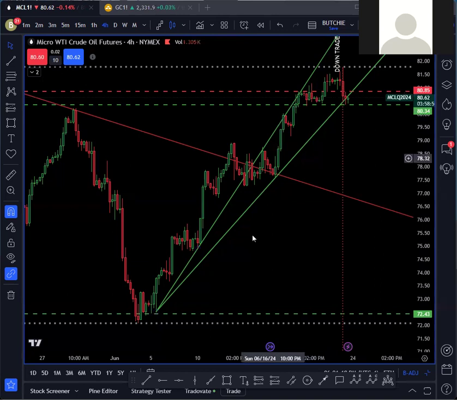But I like leaving them on because if you look what happened, it kind of broke through, kind of went up through, came back down. Then it finally came up to test the back side of that, pushed down to test this downward trend line. Check the back of it and then shot up.